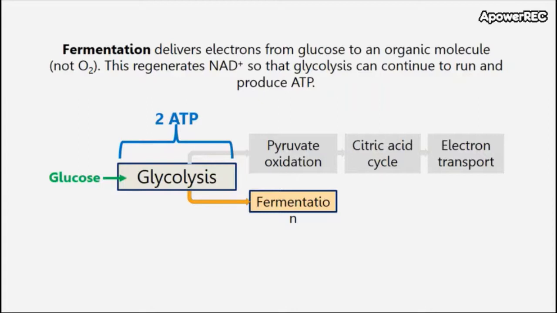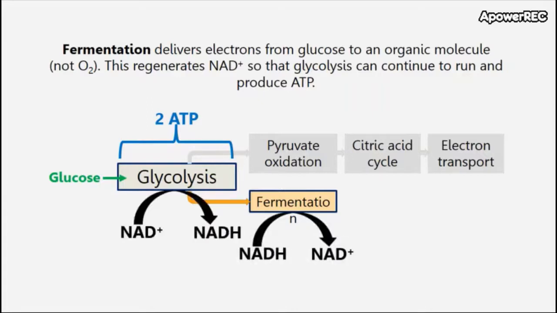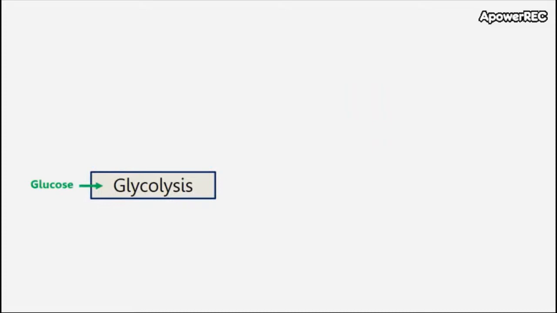And in this process of dumping the electrons from your electron carriers to other organic molecules, we can regenerate our NAD+, and reuse that for more glycolysis. And the way this looks is we have glycolysis to produce 2 NADHs and 2 ATPs.